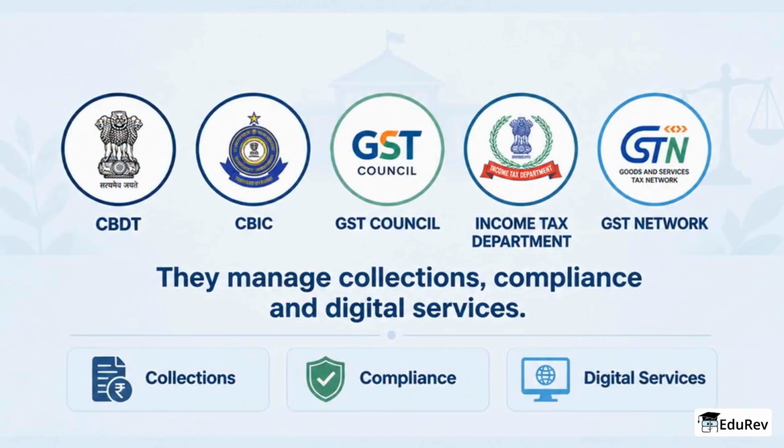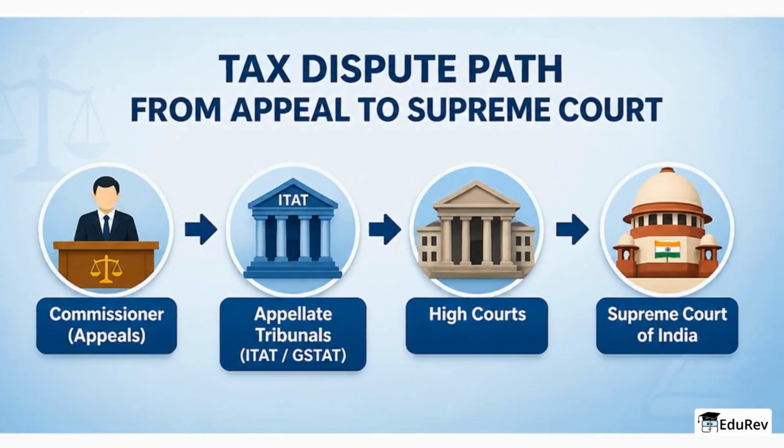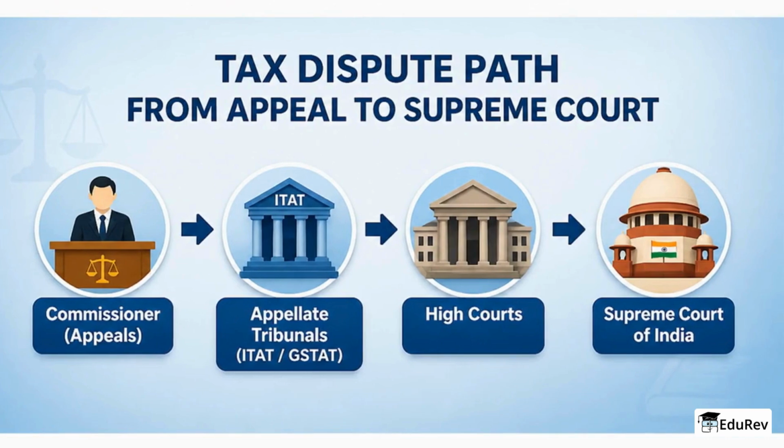Tax administration bodies like the CBDT, CBIC, GST Council, Income Tax Department, and the GST Network manage collections, compliance, and digital services. If disputes arise, the path includes commissioners of appeals, appellate tribunals like the ITAT or GST Appellate Tribunal, high courts, and finally, the Supreme Court.